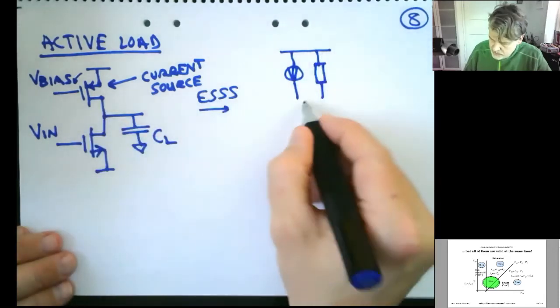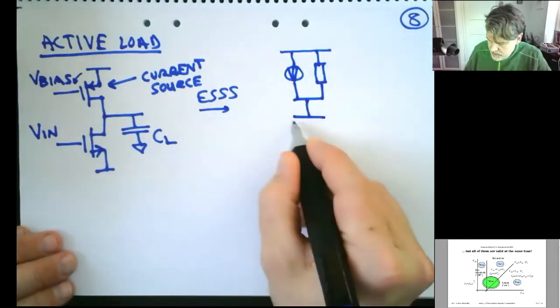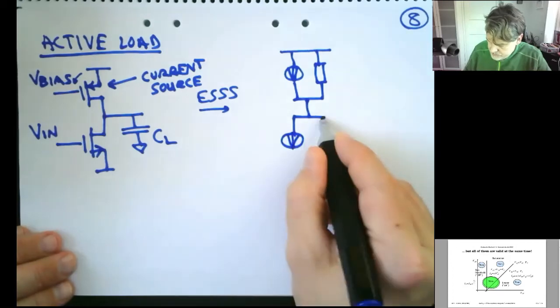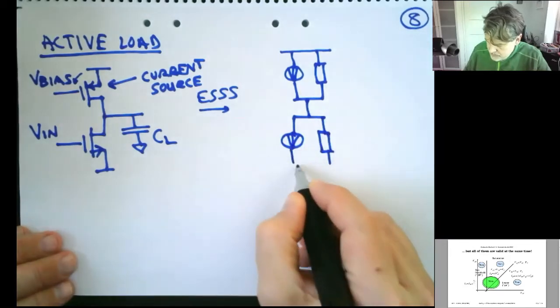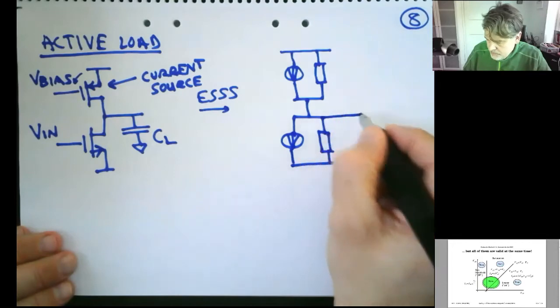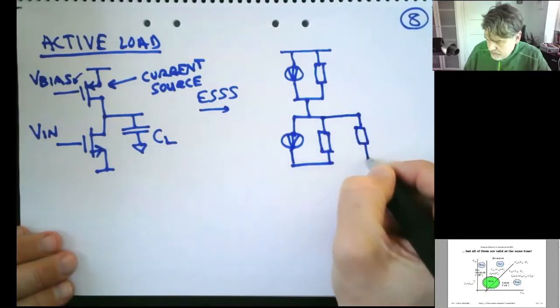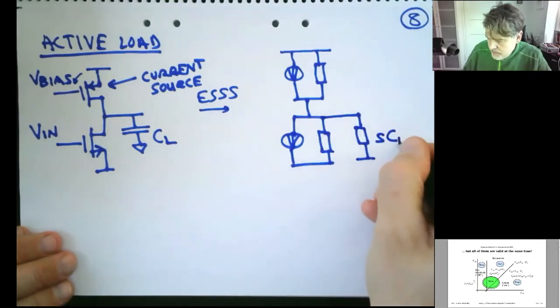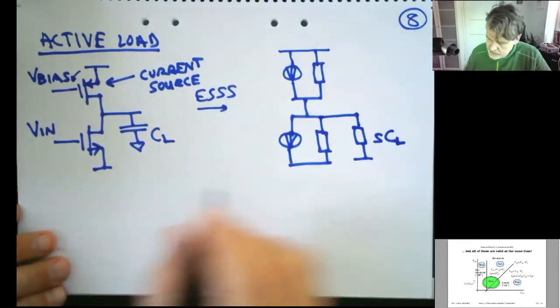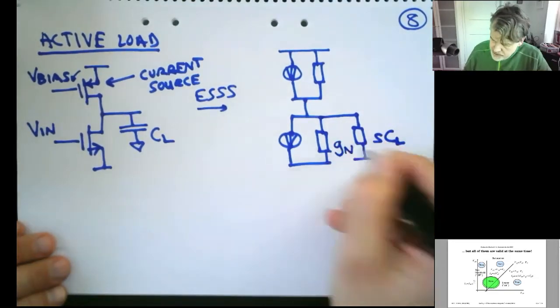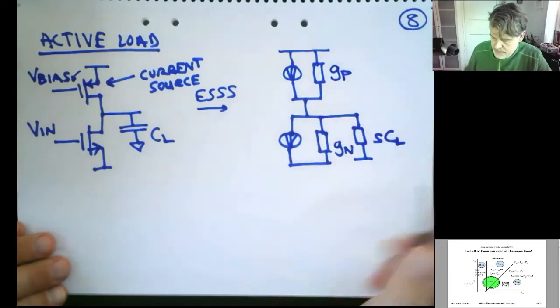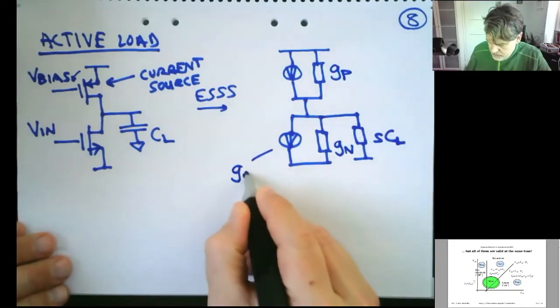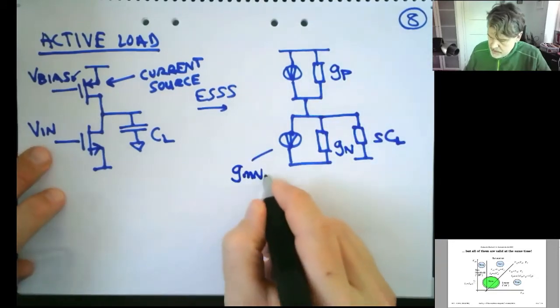So I have the PMOS on the top, I have my NMOS at the bottom, like this. And then I have my load capacitance, and then we use admittances. So I do SCL here rather. And this I call GN, this I call GP. This is GMN times Vin.